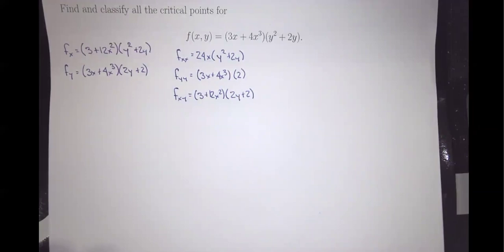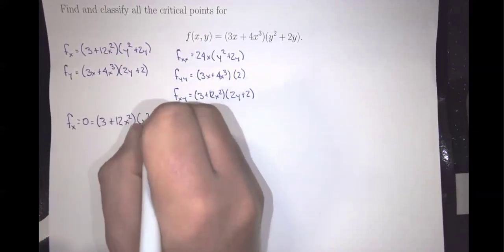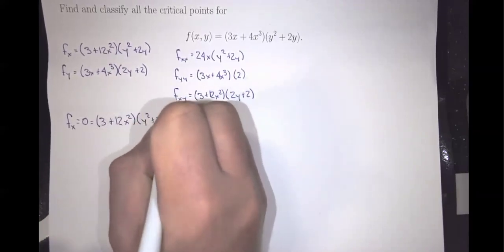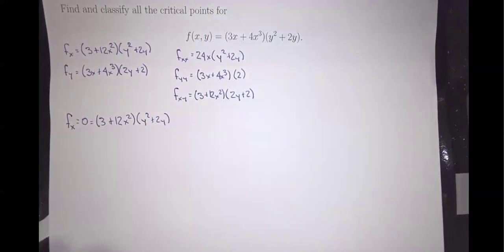So now that we've got all of our derivatives, let's find our critical points. Critical points are where fx and fy are 0. So we're looking for (3 + 12x²)(y² + 2y) = 0.